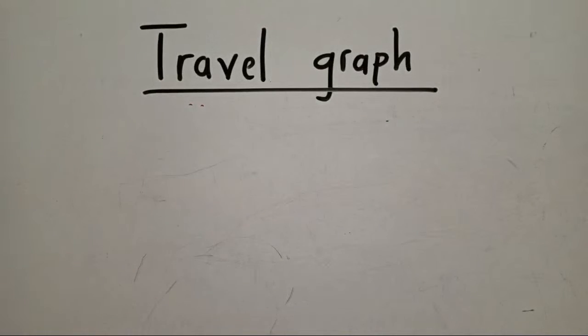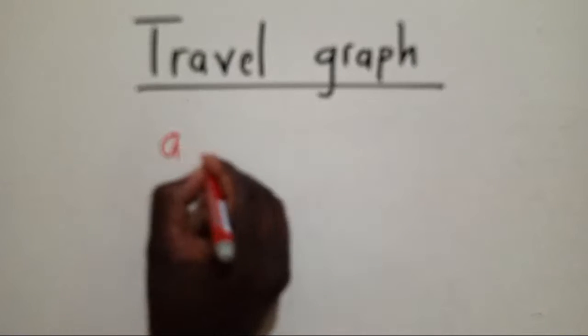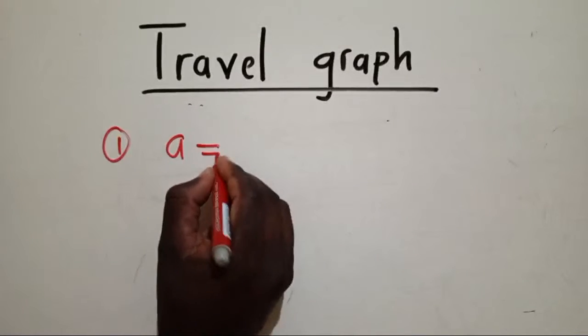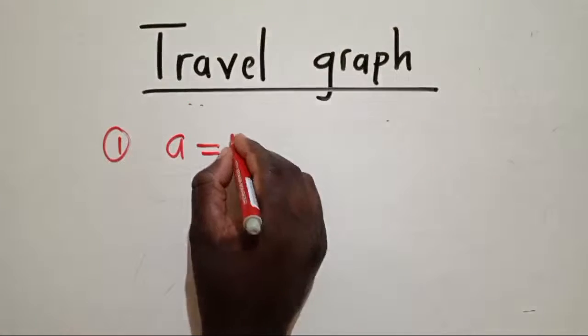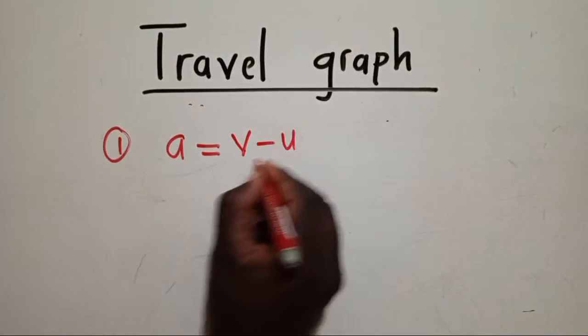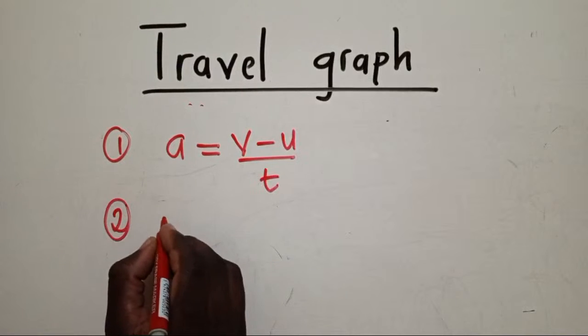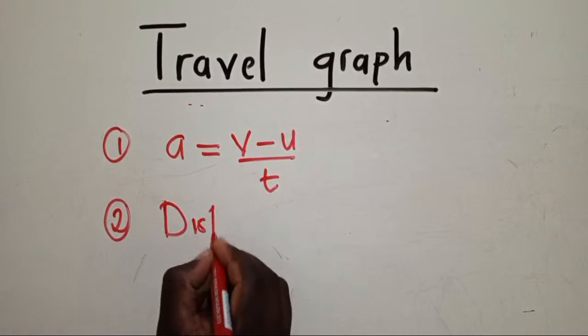So the most important thing that you must know when it comes to this topic are the formulas. We've got the first formula, we'll call this formula 1. It looks like this: a is equal to (v minus u) over t. The second formula is for distance.